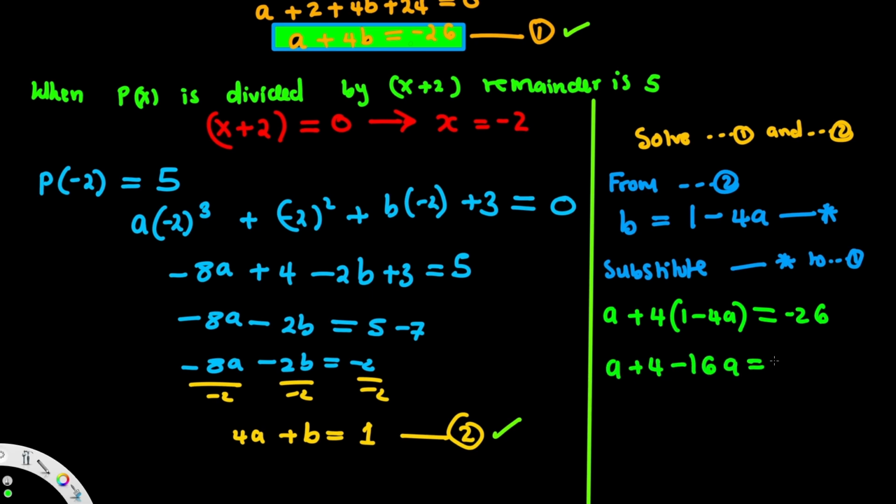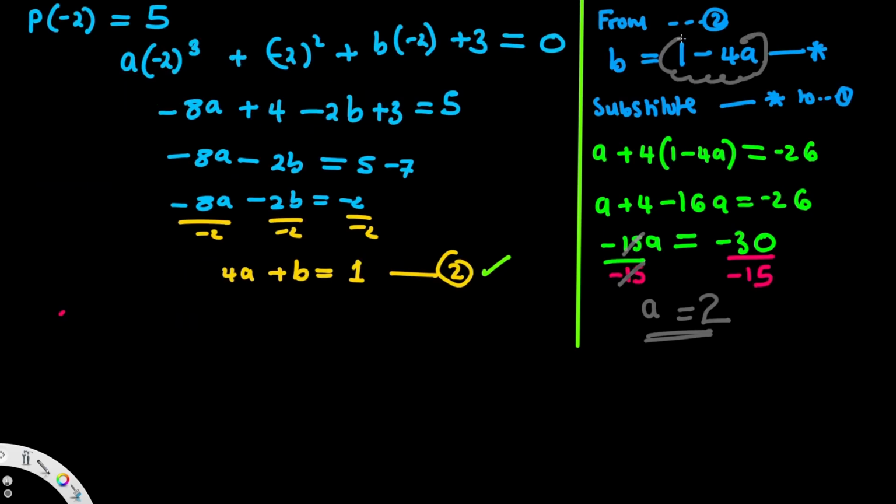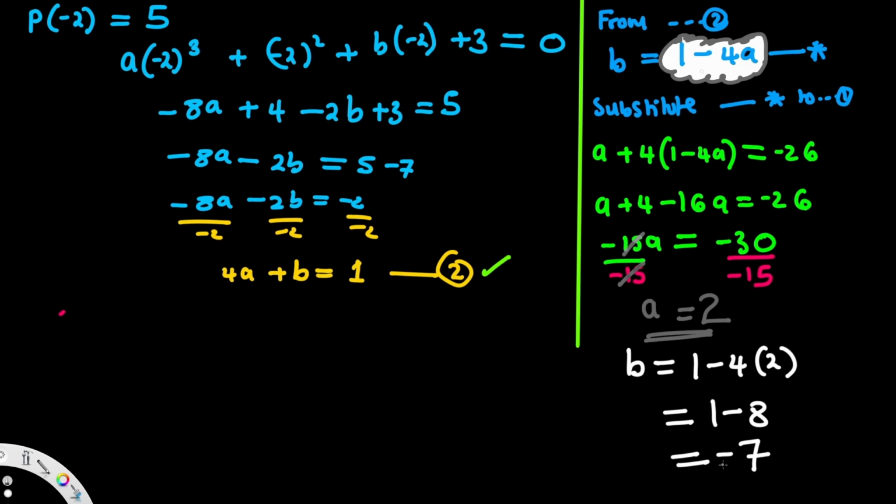Now we can put the like terms together and then divide by negative 15 both sides. Our final answer a becomes 2. Now we can substitute the value of a that we got into this part so that we can have the value of b, and in this case we are going to say b equals 1 minus 4 into 2, and if you work it out you are going to get your final answer being negative 7.